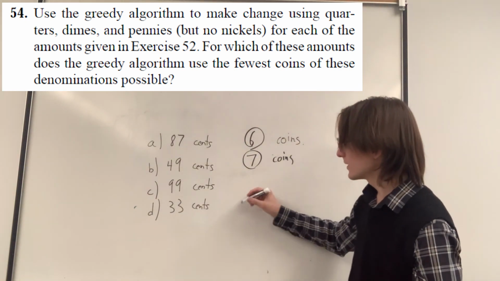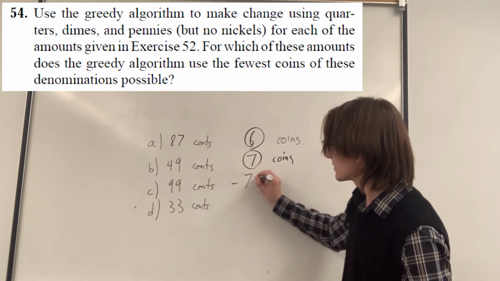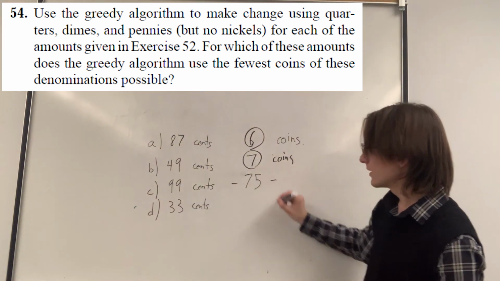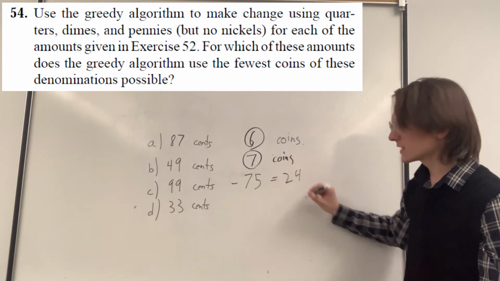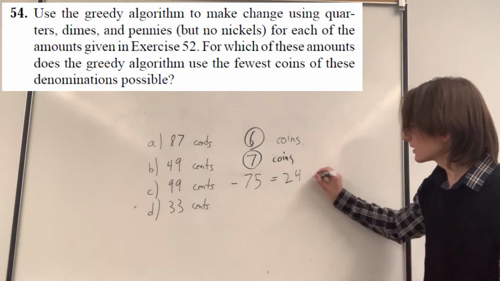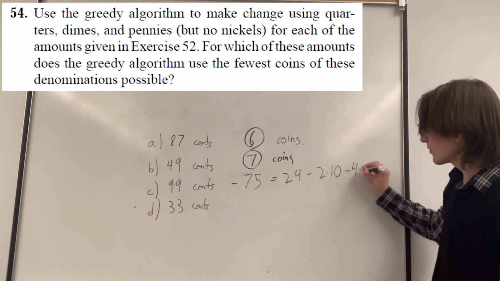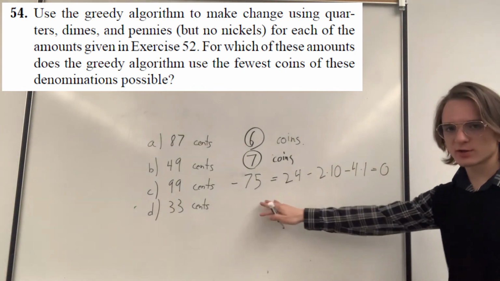Next, we have part C. First, we would plug in 3 quarters. So that's minus 75. We're left with 24 cents. Again, we plug in 2 dimes and 4 pennies. So that's 2 dimes and 4 pennies to give us direct change for 99 cents.